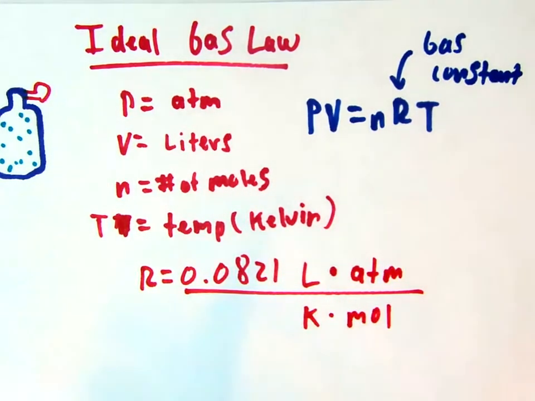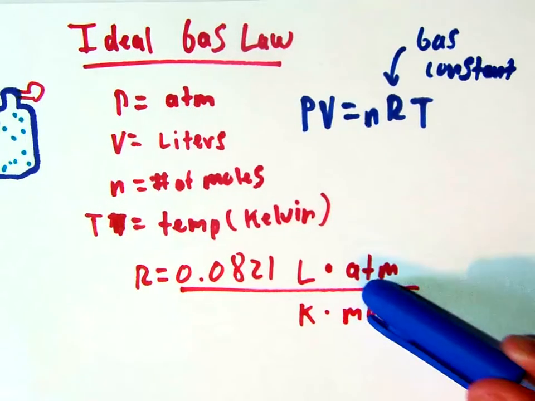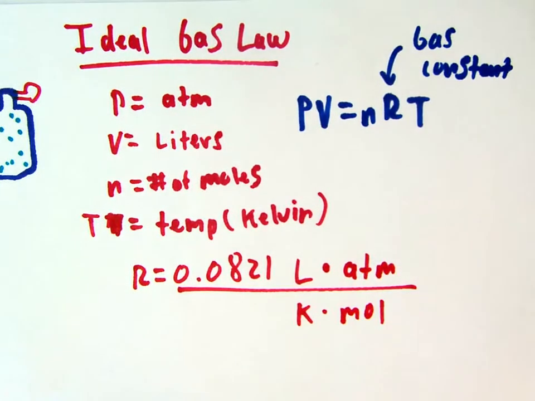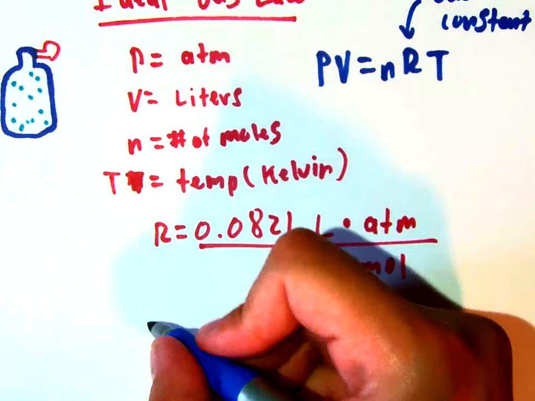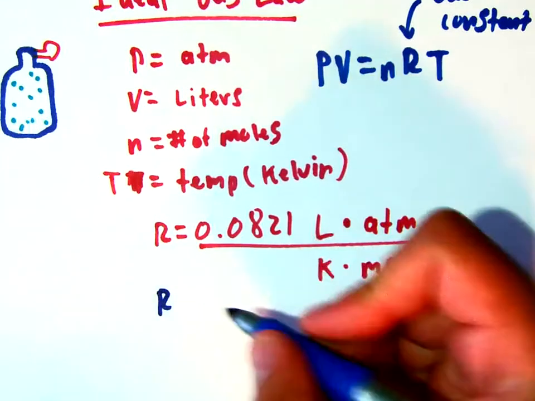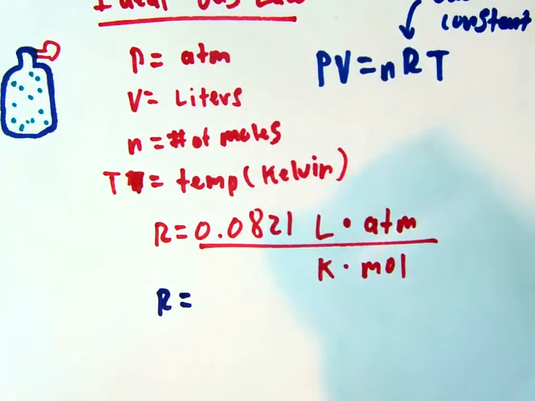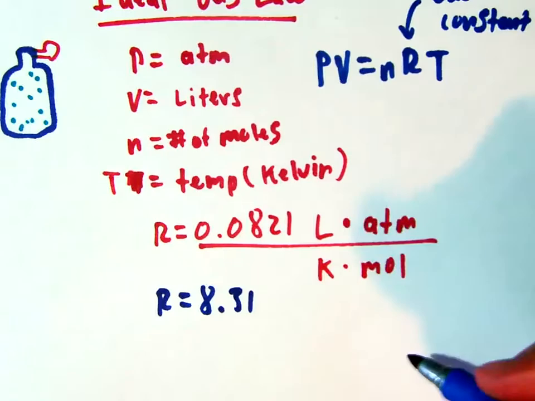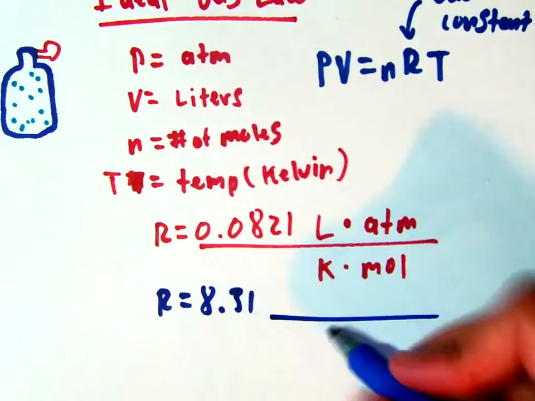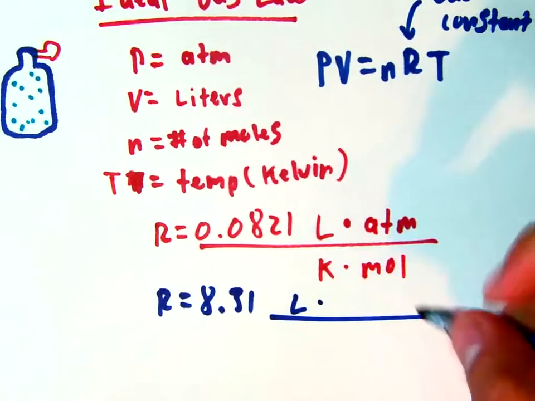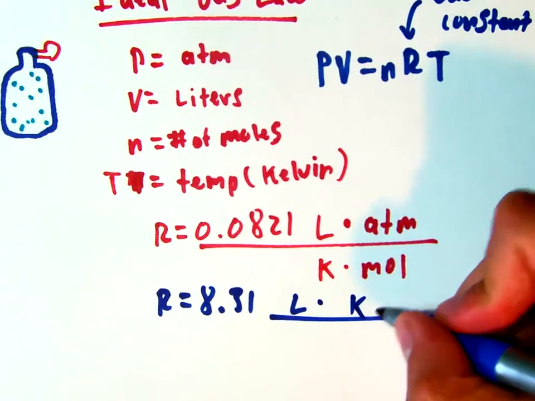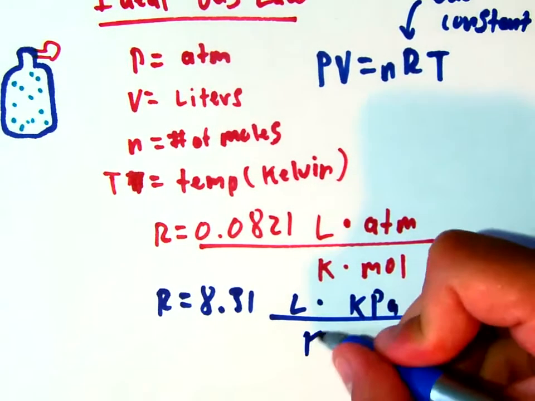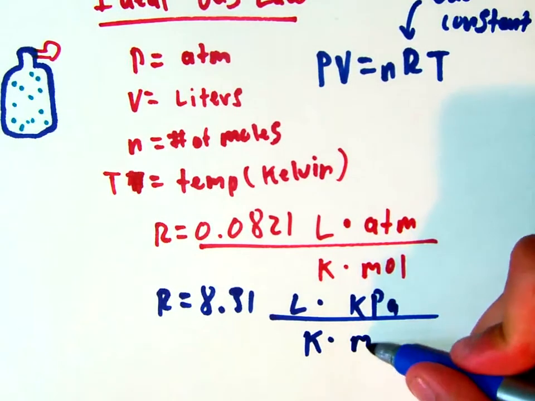Keep in mind there are problems where you might be required to use a different R value. You might have the R value of, for example, R equals 8.31, and our units are liters times kilopascals divided by K times mole.